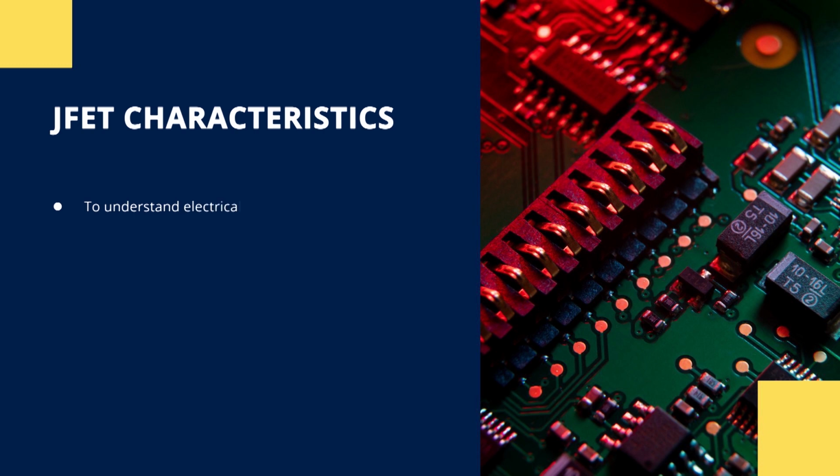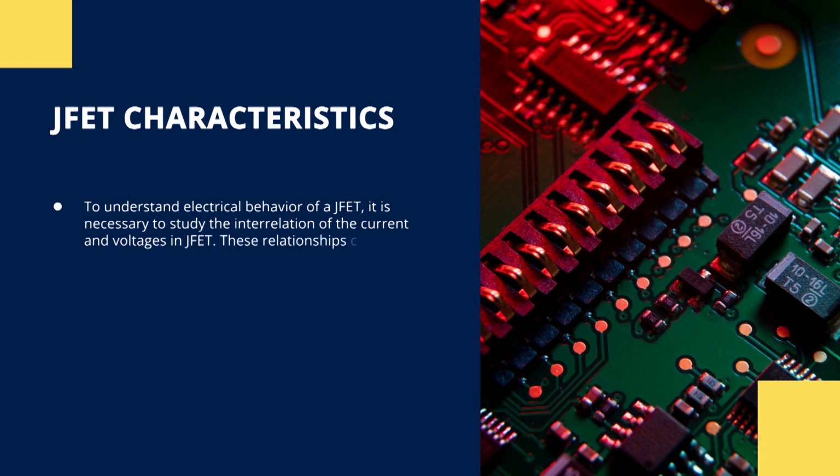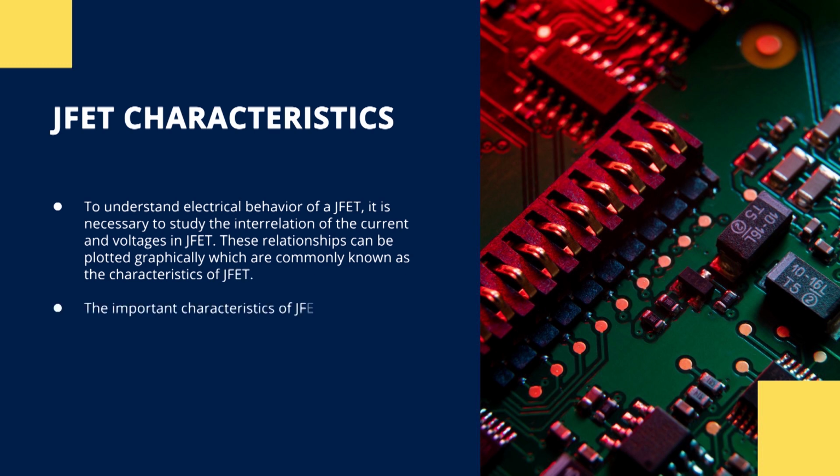To understand the electrical behavior of a junction field effect transistor, it is necessary to study the interrelation between the current and the voltage in a JFET. These relationships can be plotted graphically, which are commonly known as characteristics of a junction field effect transistor.